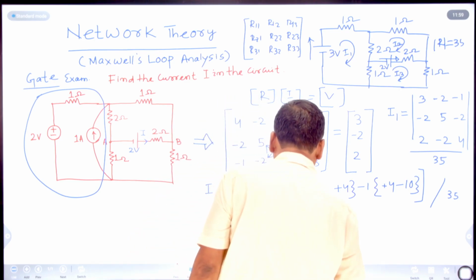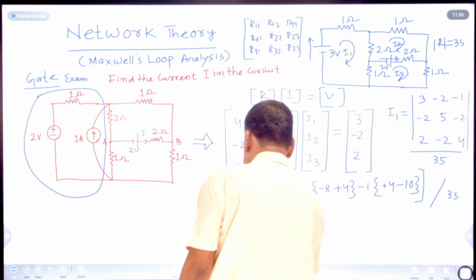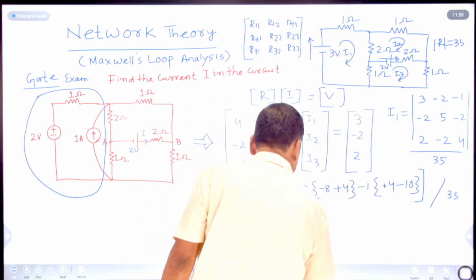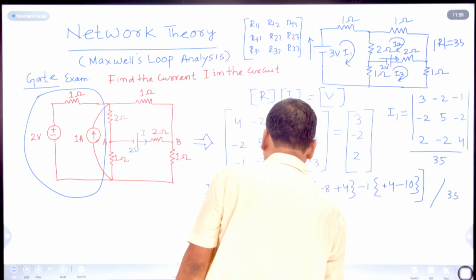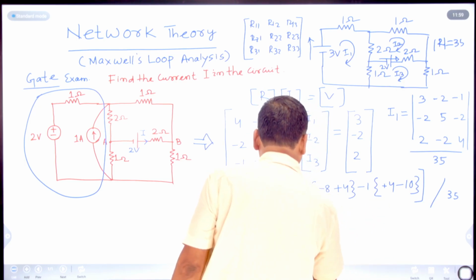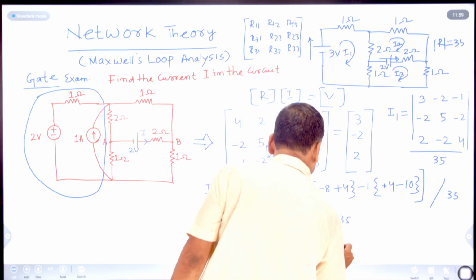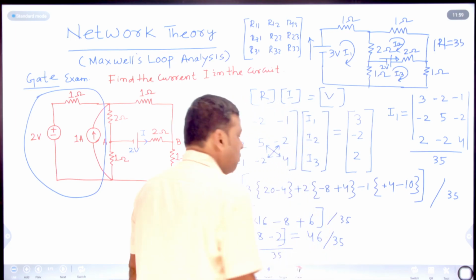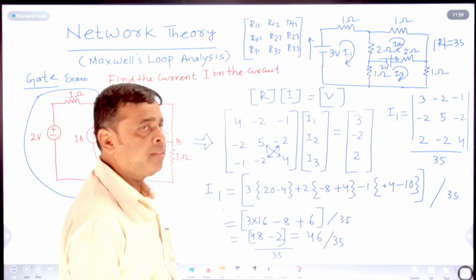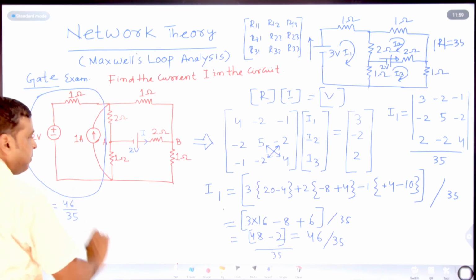It becomes 46. So I1 equal to 46 divided by 35.